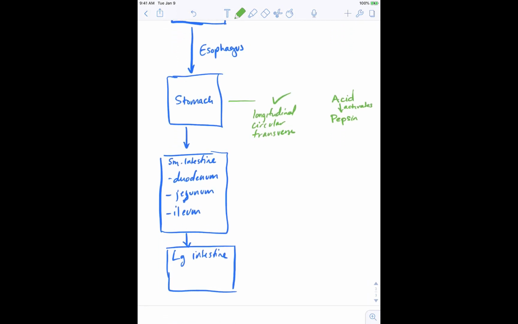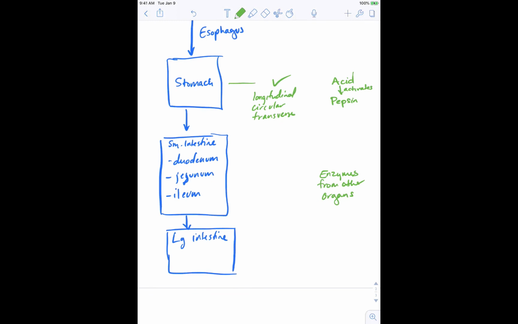When we get to the small intestine, there are going to be more enzymes present, and the enzymes that are present are going to be from accessory organs. And those are going to continue to break down the food. By this point, the mechanical digestion is done. The big job of the small intestine is going to be absorption.